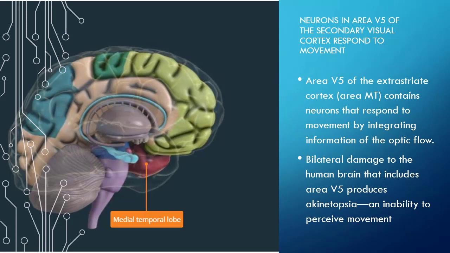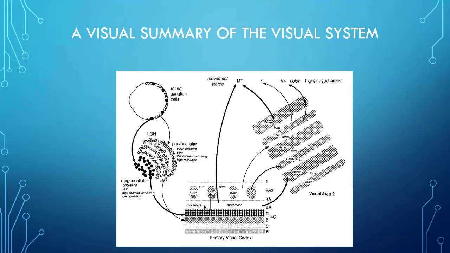So if you were to try and navigate your world by closing your eyes as you walked forward, and you stop and you're allowed to get a picture, just one quick snapshot, you open your eyes, and then as you move forward again, you have to close them so you can't see any of the information as your location in space changes. Or if you were to try and navigate your world with just still photos by taking them on your camera or your phone. Very interesting kind of disorder.